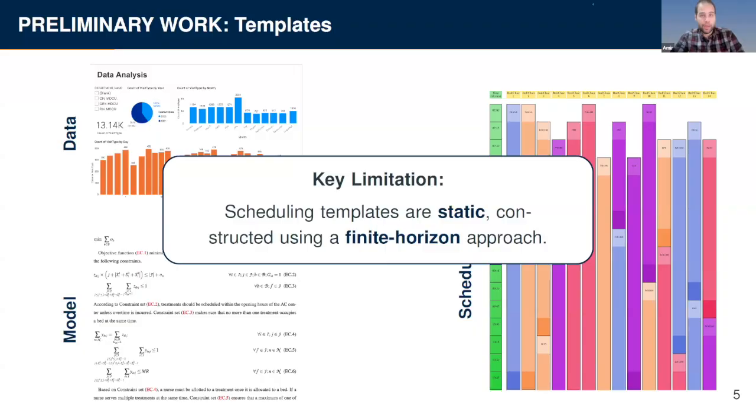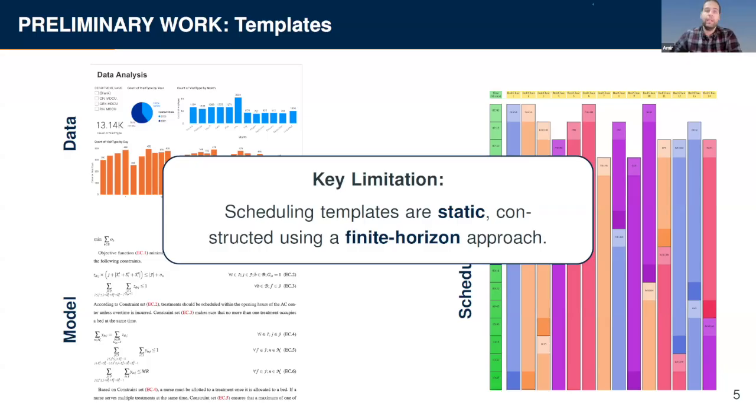We thought that there might be some limitation associated with this approach, and we could potentially improve it. So the key limitation with scheduling templates is that they're determining fixed allocation of different time slots during a planning horizon of 1 week or 2 weeks. However, this problem is dynamic. One week we might have more of one specific group of patients.